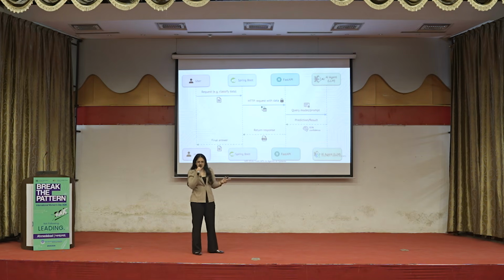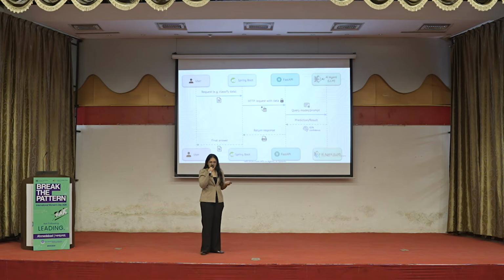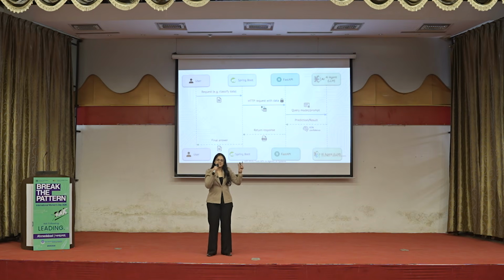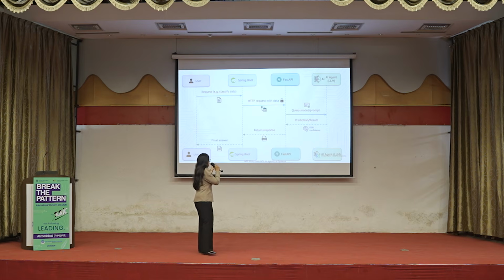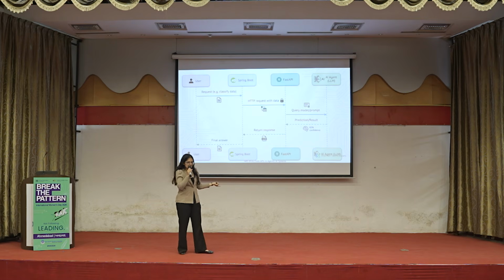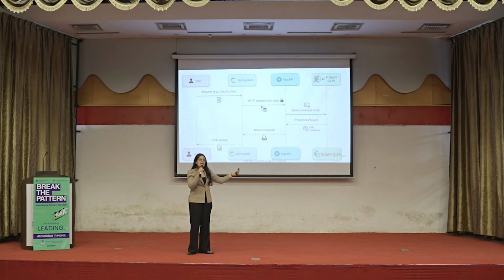It will return the result, which is decision driven, and it will also give you the confidence score, like I am this much confident that the result of this question should be this. Then your Fast API will return that response to Spring Boot and the user gets the final answer. See, the system is the same, but we have only added one layer into that, so we can modify it and make it decision driven.